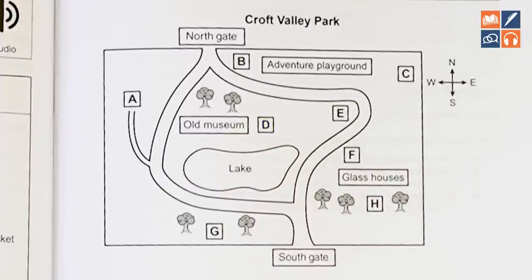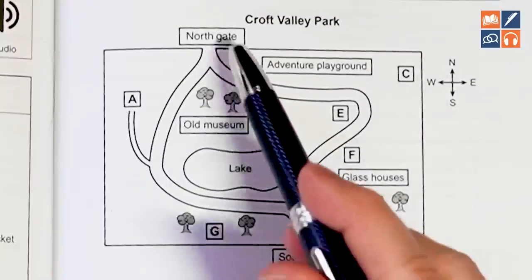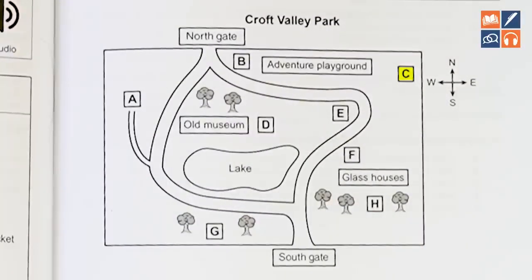D, it could be the museum, it could be the old museum, but it might be new museum or new building or toilets or cafe beside the museum. B and C are going to be next to the adventure playground. B is going to be as you go through the north gate, so they might start at the north gate. C is going to be next to the adventure playground.